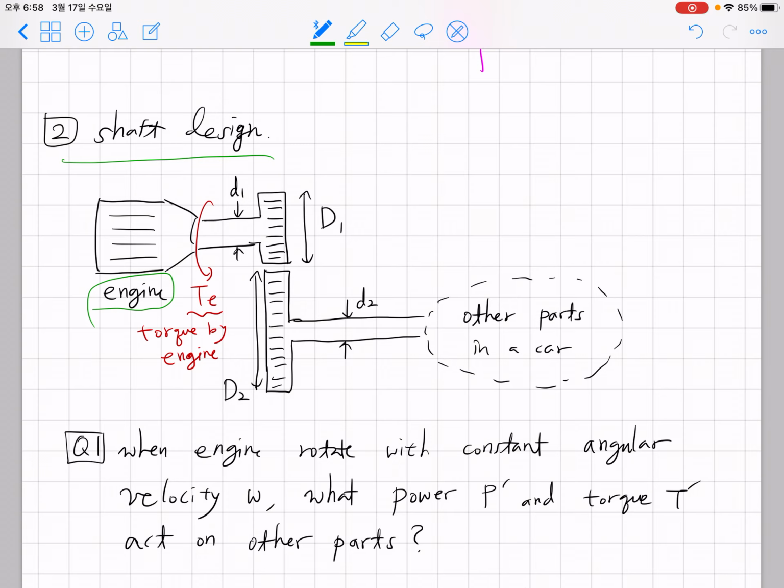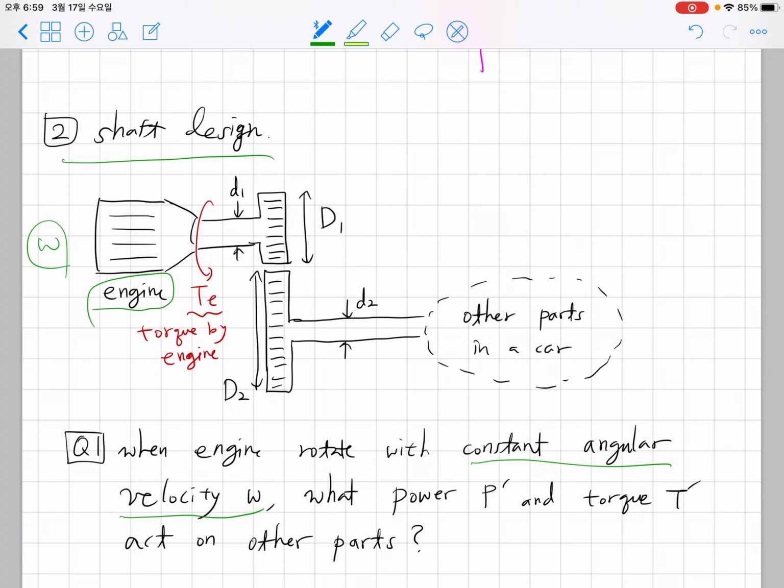So this engine is rotating with constant angular velocity w. This is a constraint to make the problem simpler. If the angular velocity is not constant, you have to consider the acceleration of this engine, and it will give additional complexity to the problem.